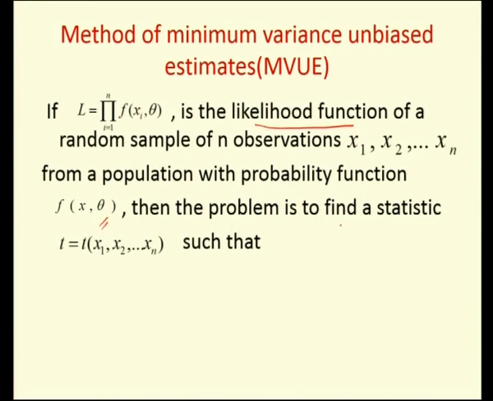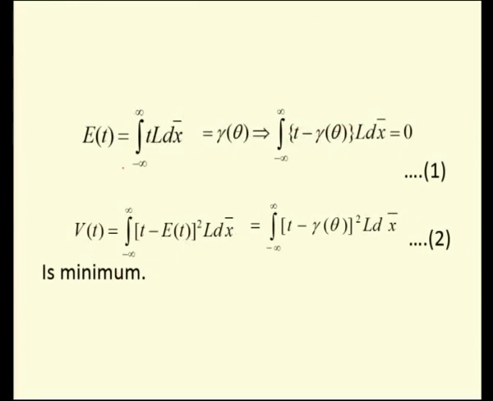The problem is to find a statistic t, which is t equal to t of x1 up to xn, such that the expectation of t is equal to the integral from minus infinity to plus infinity of t into L dx bar, which equals nu of theta. Or I can write this equation as the integral from minus infinity to plus infinity of t minus nu of theta, L dx bar, equal to 0.